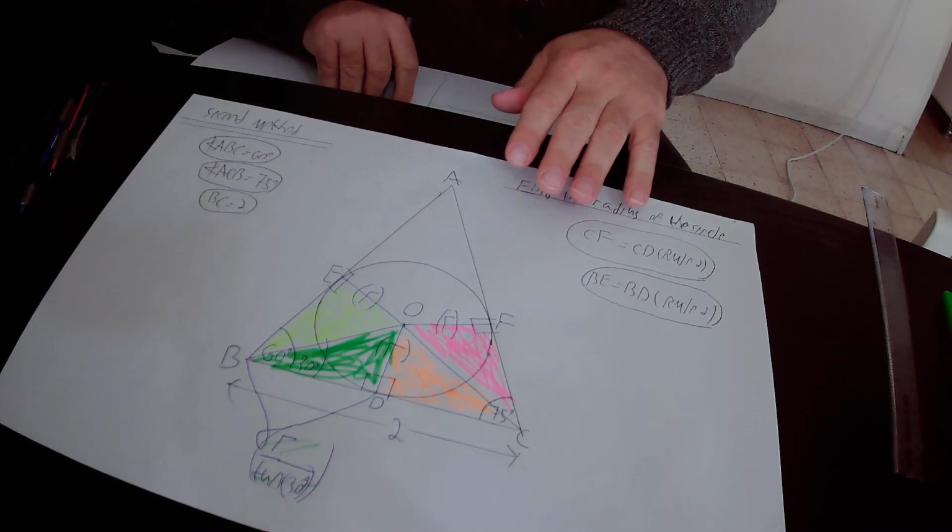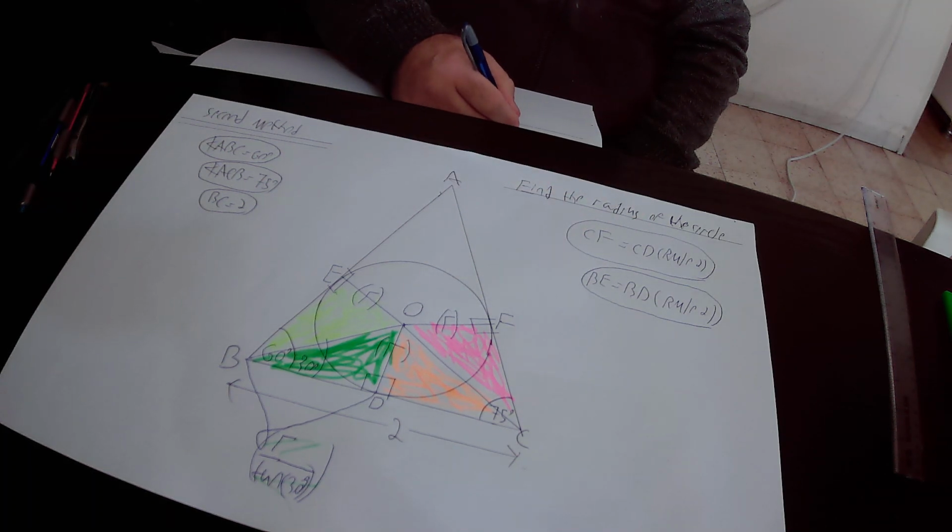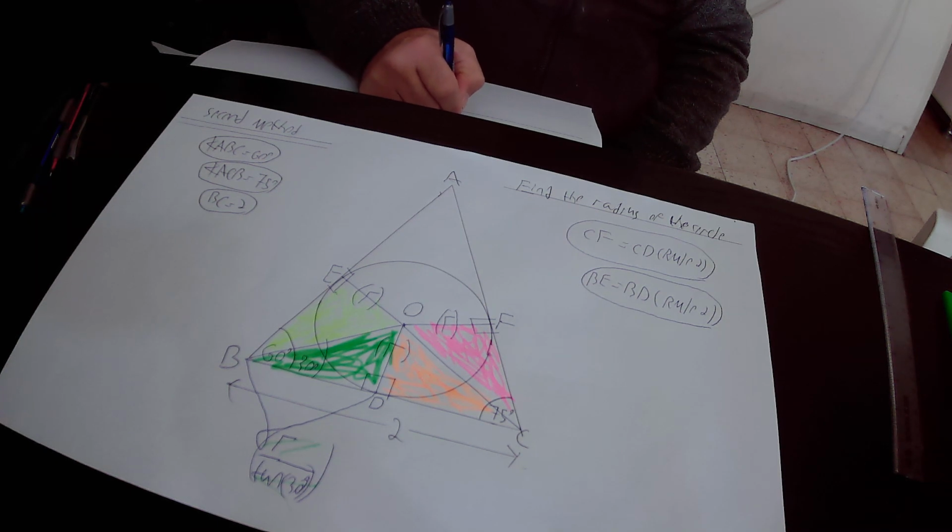And finally, side CO is a common side that belongs to both triangles, so we can write down that CO equals itself.